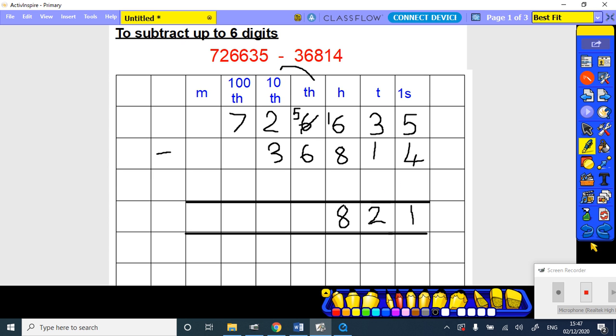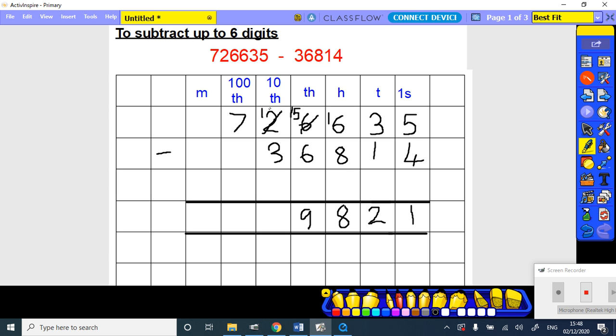We currently have 2 10,000s in this column. So if we're going to take 1, we are now left with 1. And this 10,000 here is equivalent to 10 lots of 1,000. So that 10,000 we take moves in front of the 5 to show that we now have 15,000s. We can now do 15,000, take away 6,000, which equals 9,000.